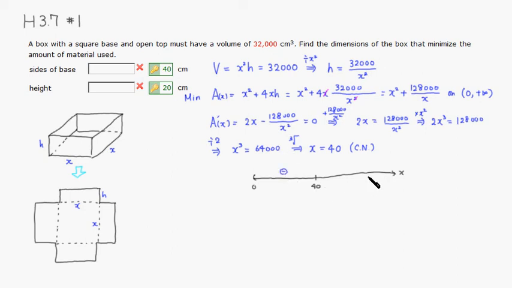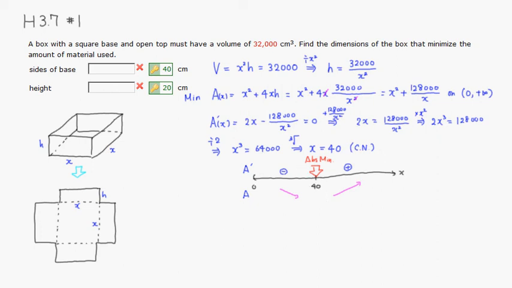After 40, like 100, 200 minus 100 squared over x squared will be 10,000, so that's going to be very small, so we know that's positive. So A prime is that. The area function is decreasing before 40 and increasing after 40. So we know that we have the absolute minimum there. The critical number gives us the smallest area.